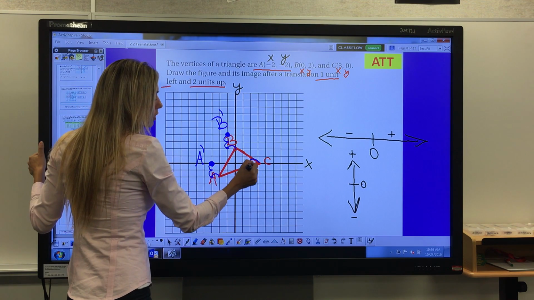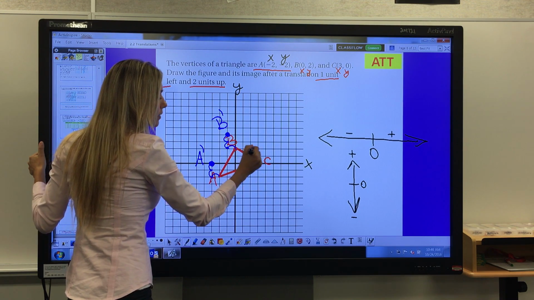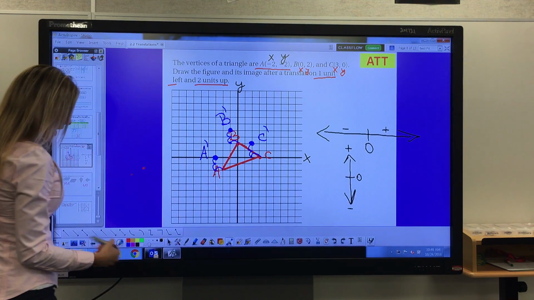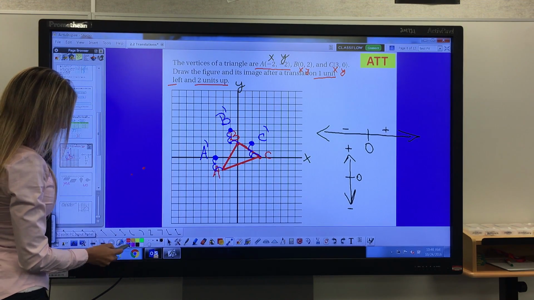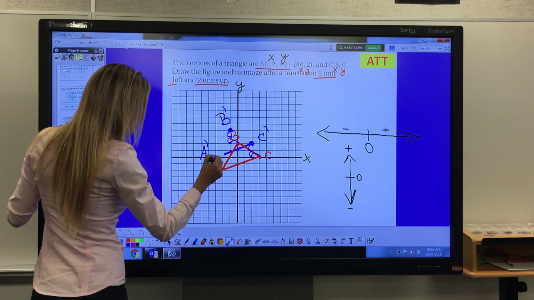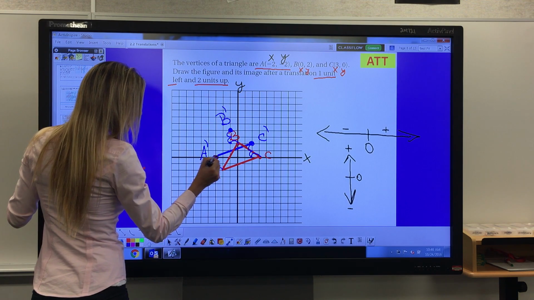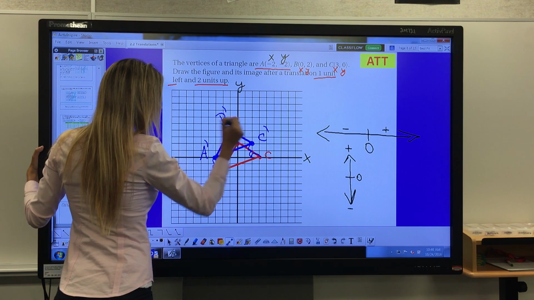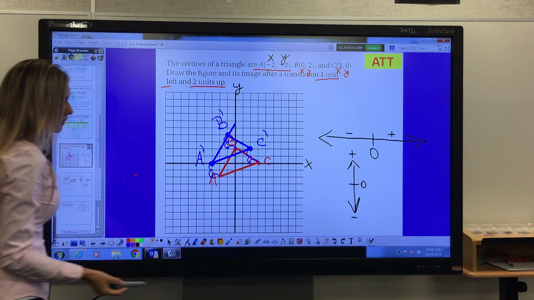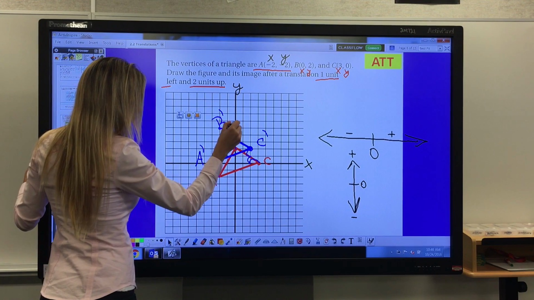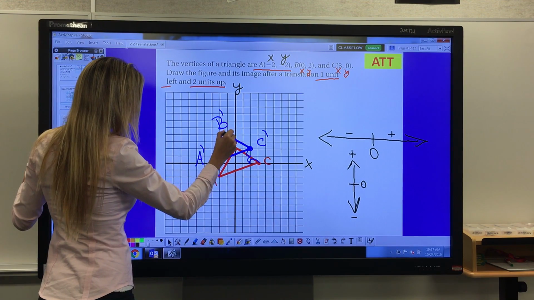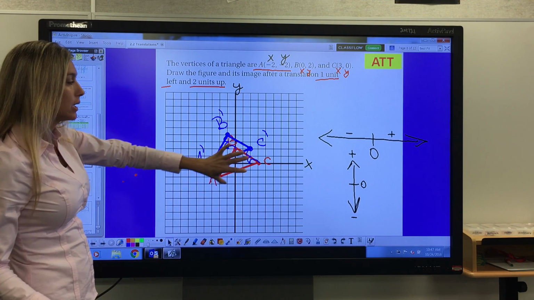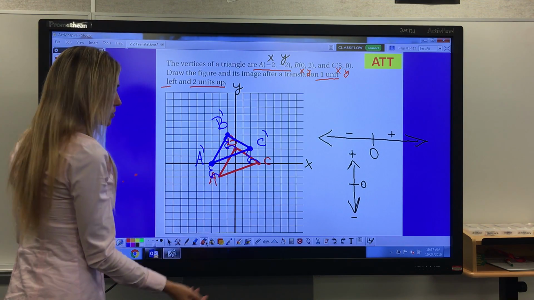C, 1 unit left, 2 units up. There's my C prime. So the new triangle after I translated it is here. I went a little too far on this point, didn't I? Let me shrink it. So the blue one is my translated image, the new translated triangle.